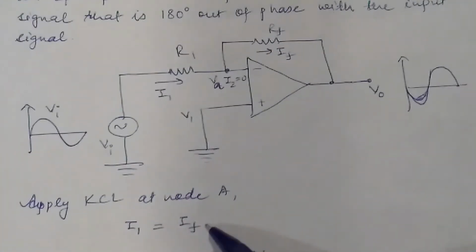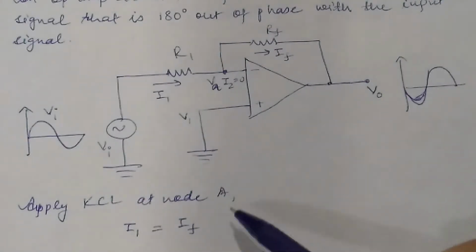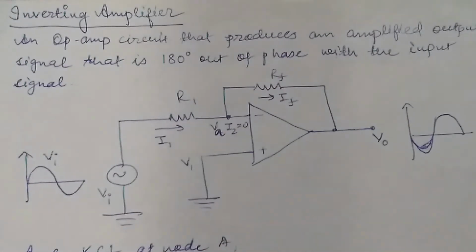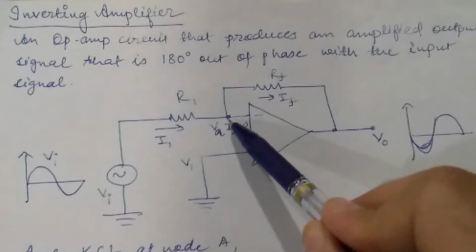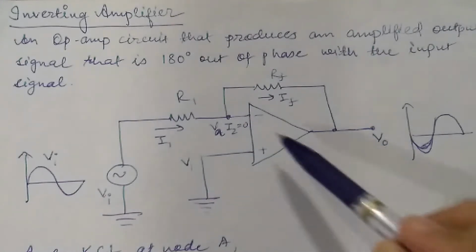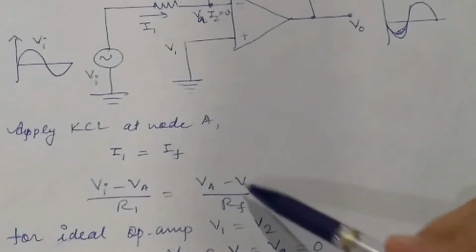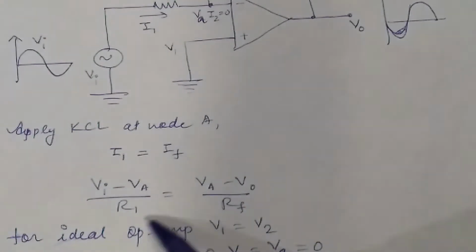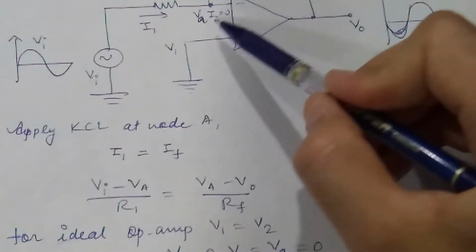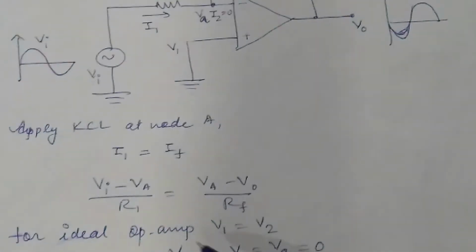And for IF, we have (VA minus VO) divided by RF. We simplify this by applying the ideal operational amplifier concept, that V1 is equal to V2.